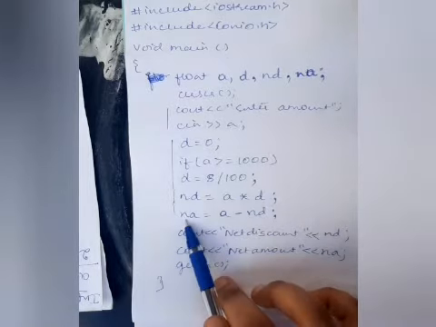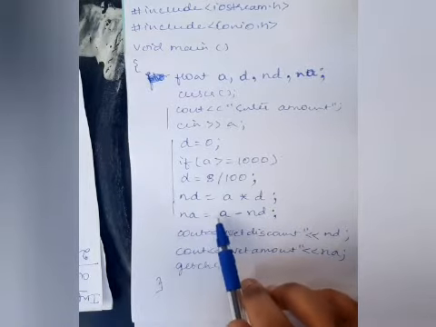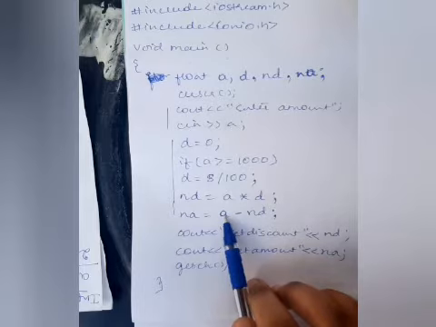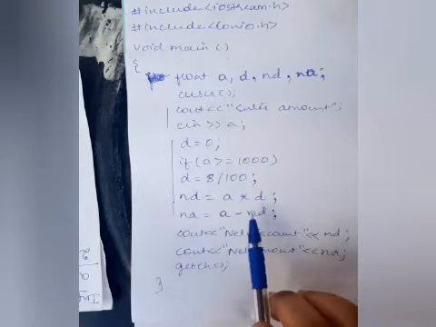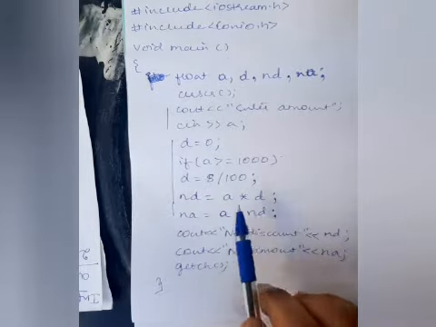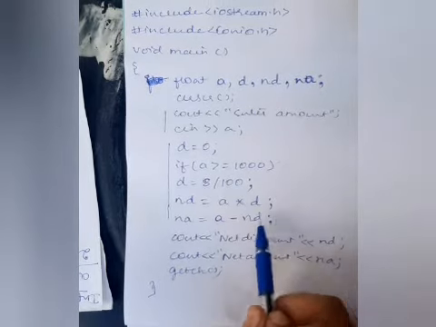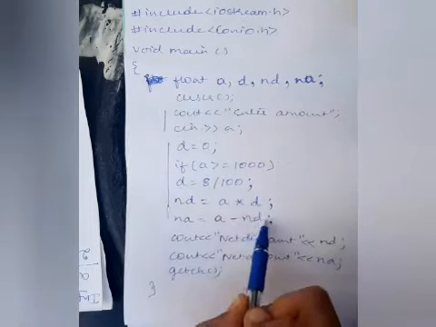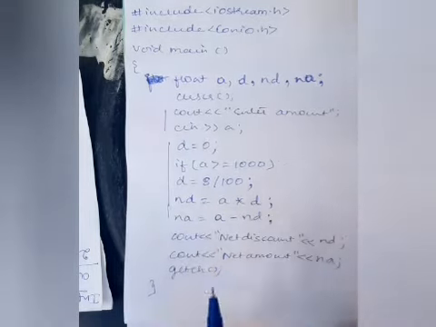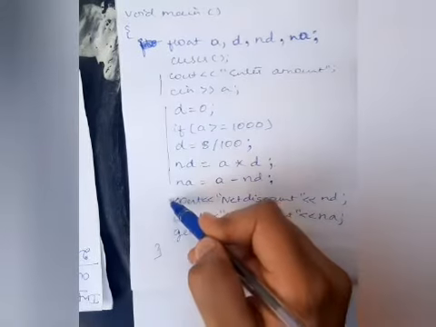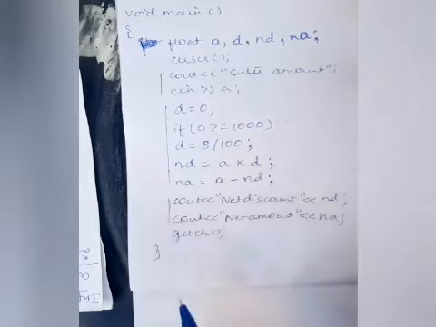Next, final amount, that is NA, net amount, is equals to the amount entered by the user minus ND, that is net discount. So these lines tell you about the final amount and the discount. And the last two lines tell you about the output.